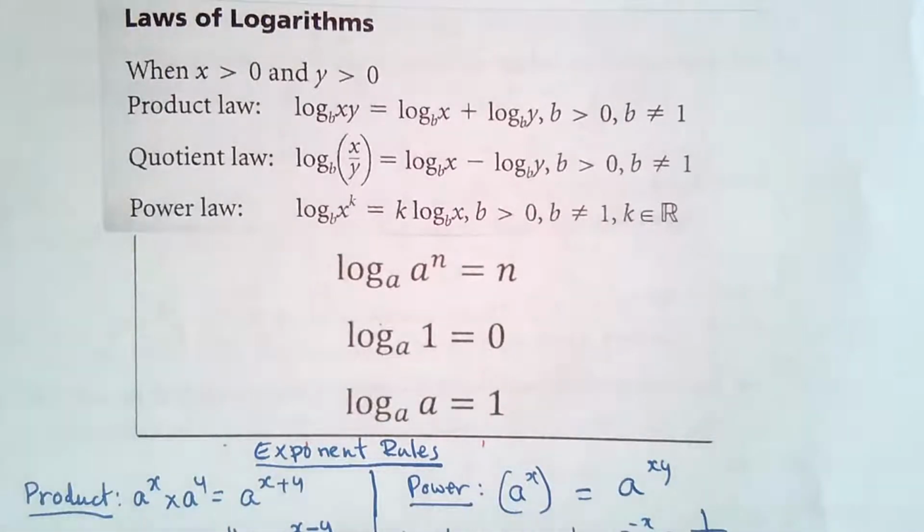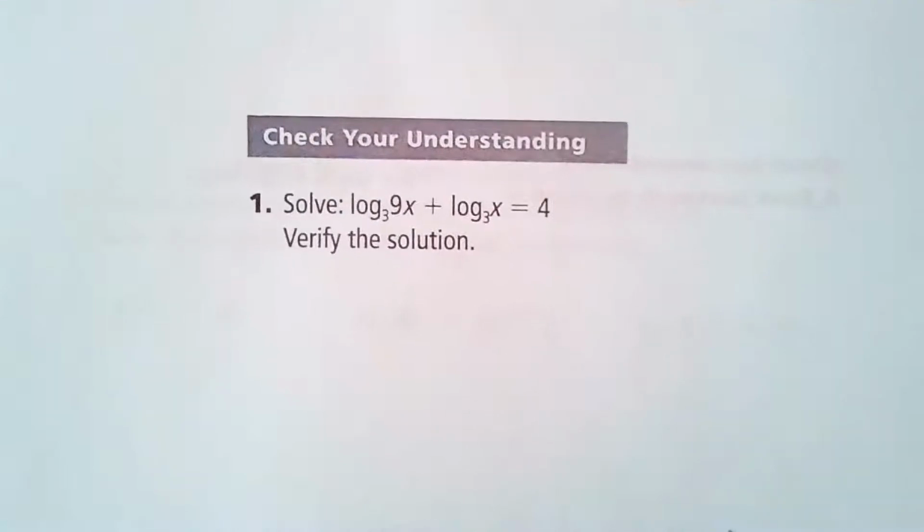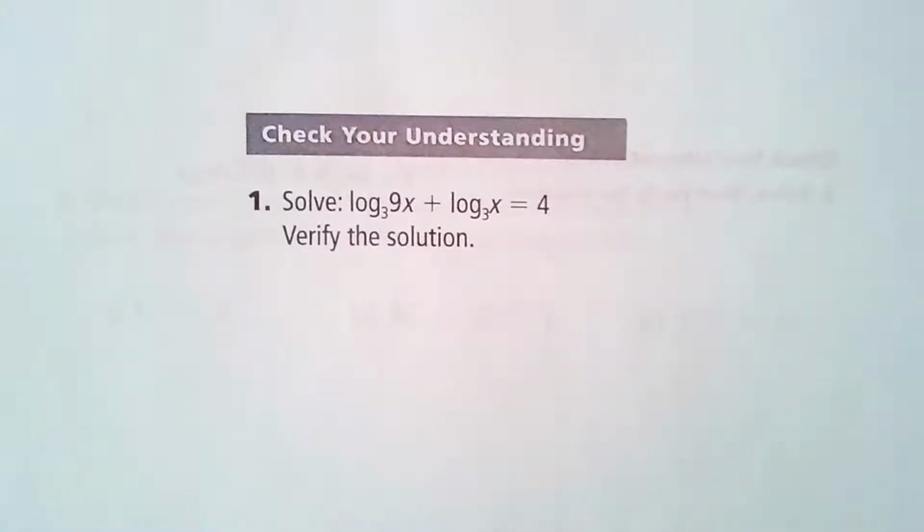So let's go to the first check your understanding question. There are 3, but there are different parts to it. Here, solve log base 3 of 9x plus log base 3 of x equals 4. And we're to verify our solution.